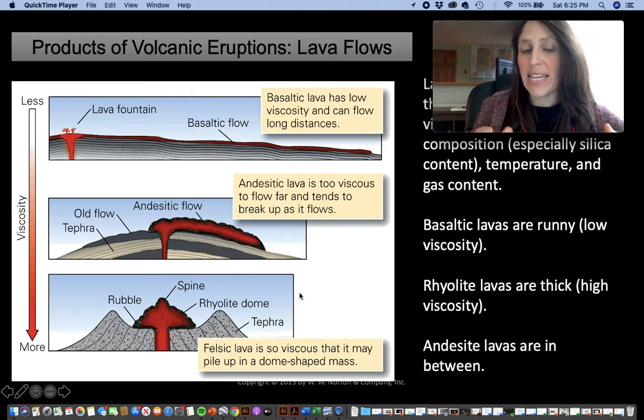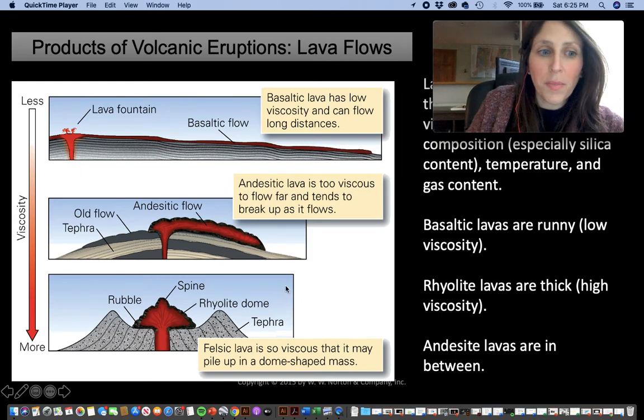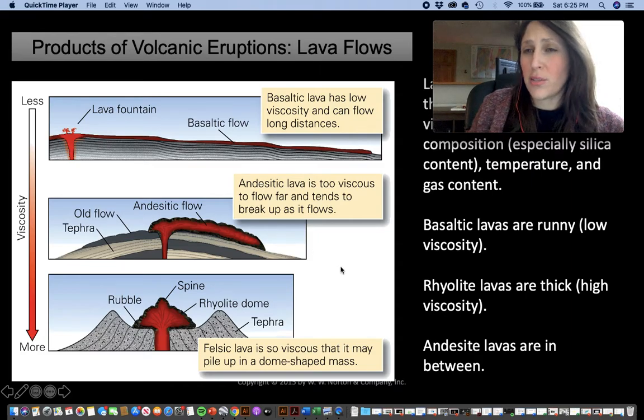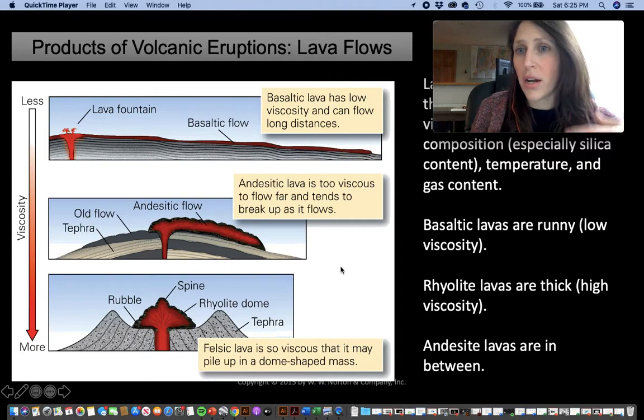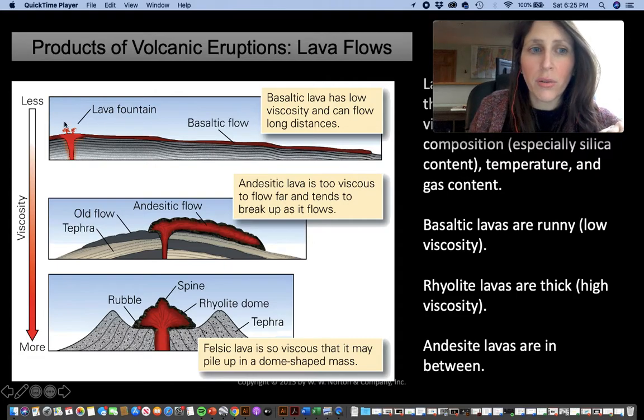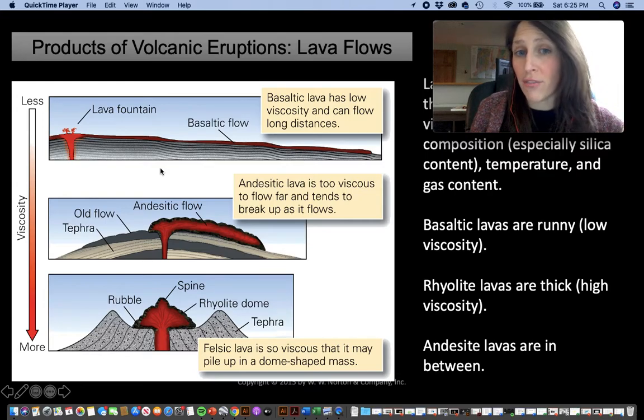Because it's too sticky, it's too thick, it's very high viscous. So you're going to get a little bit of flow, but the andesitic and rhyolitic flows are going to be really concentrated near the source of the volcano. So they're not going to travel great distances, whereas our basaltic flows are going to travel, and they can travel pretty extensive distances depending on how much lava is erupting.